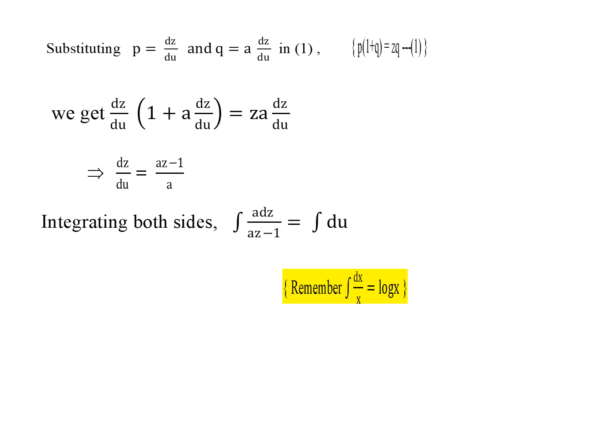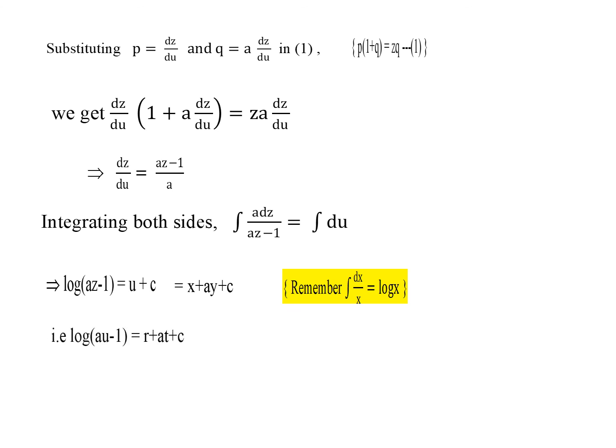Because when we differentiate az − 1, we get a into dz, which is sitting in the numerator. So it is exactly related to this formula. So when we integrate, we get log(az − 1) equal to the right side, of course, integral du is u + c. And now u we can replace as x + ay, so plus c.